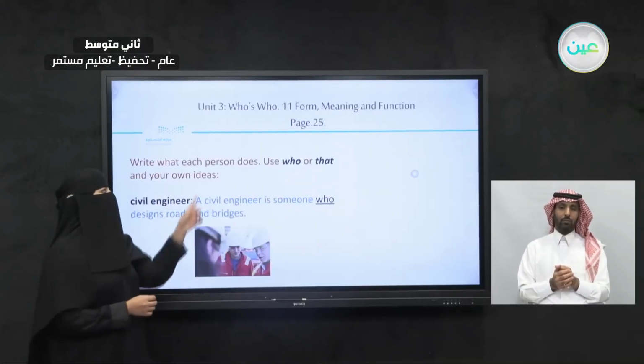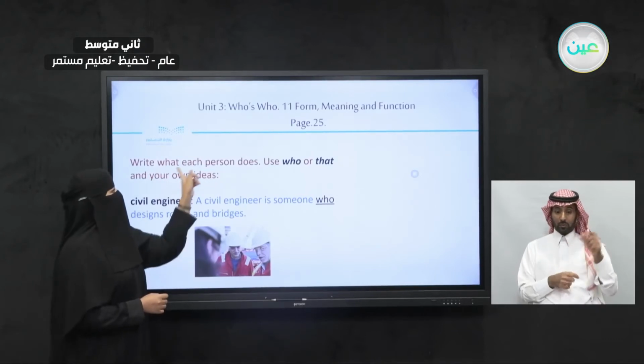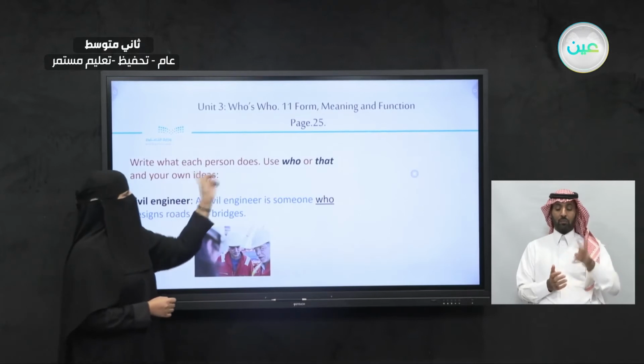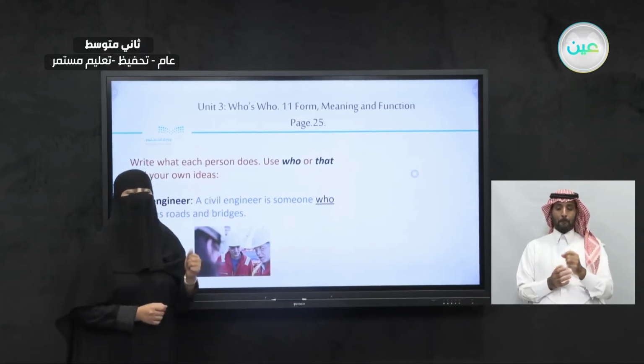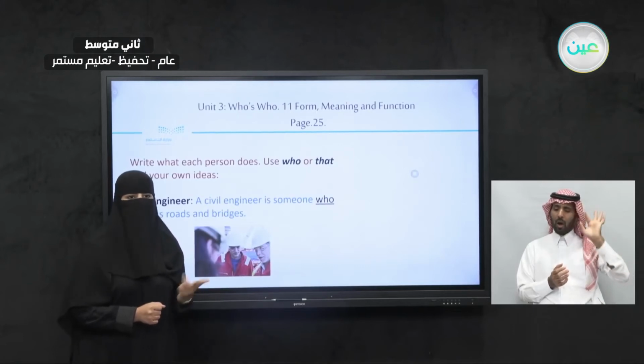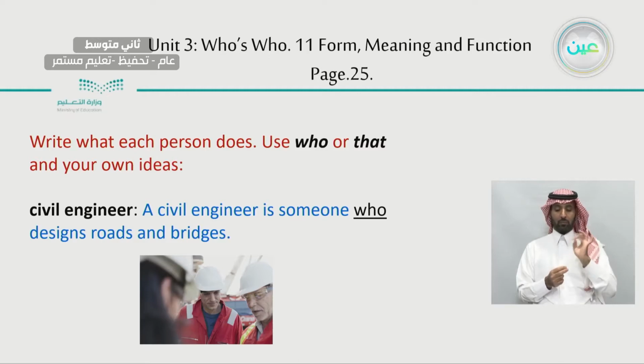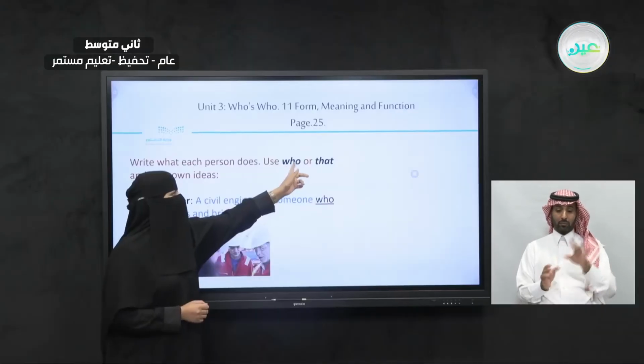Now, because we are talking about people, we'll write what each person does. We are using either who or that. We can't use which, which is for animals or things. Now, civil engineer. Now we want to talk about civil engineer. So, what are we going to use? We can choose either who or that.